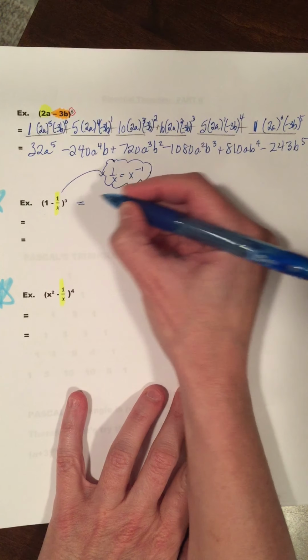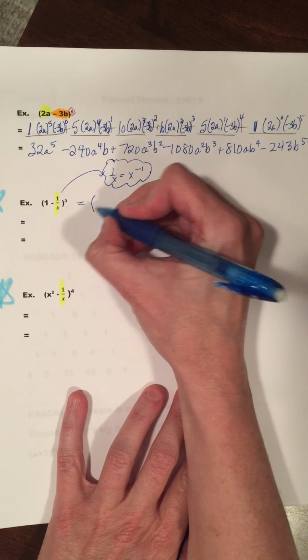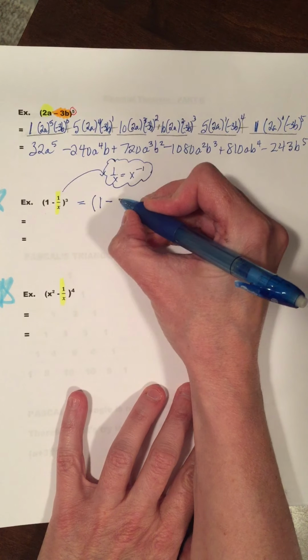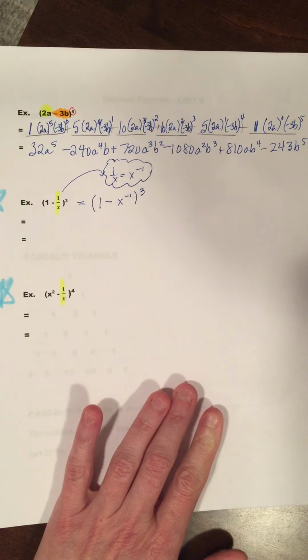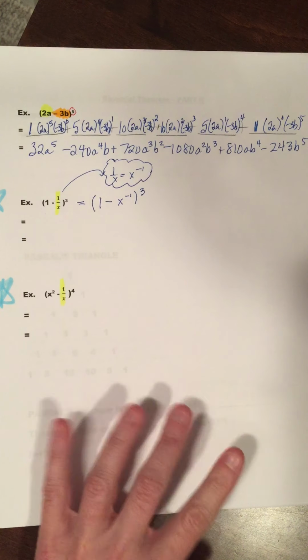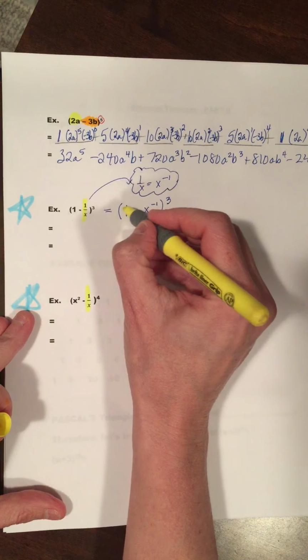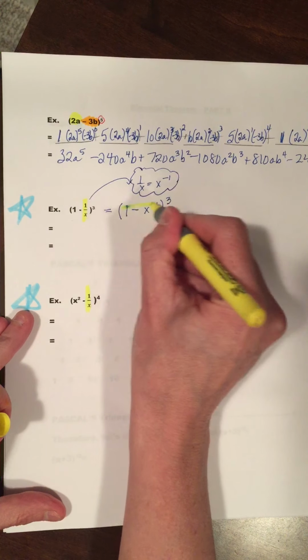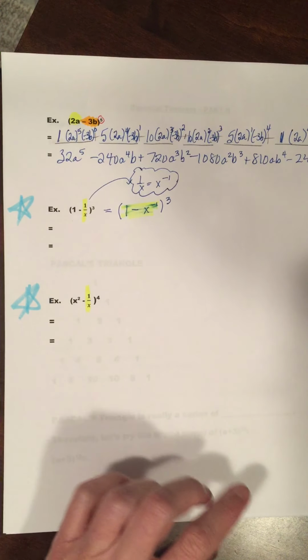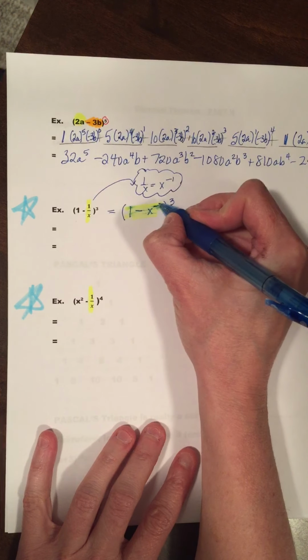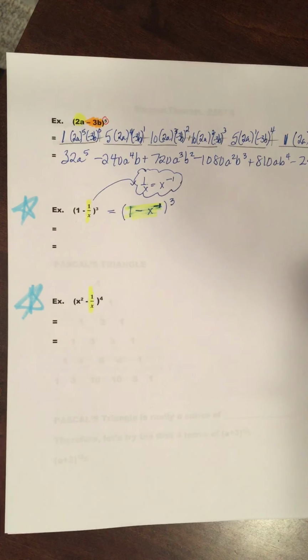So I'm going to change this question, and I'm going to change it to 1 minus x to the negative 1 all cubed. I don't want to have fractions. I just want to have base and exponent. I just want to have powers.